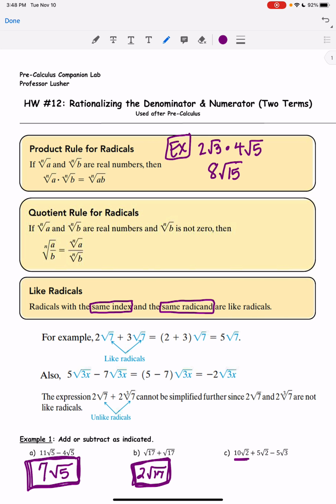Hopefully you said 10 square root 2 and 5 square root 2. Even though these both have a 5 in front, it's all about that radical. So 10 plus 5 gives me 15. That stays square root 2. And then we just bring down minus 5 square root 3. Okay, and that's all I can do with that.